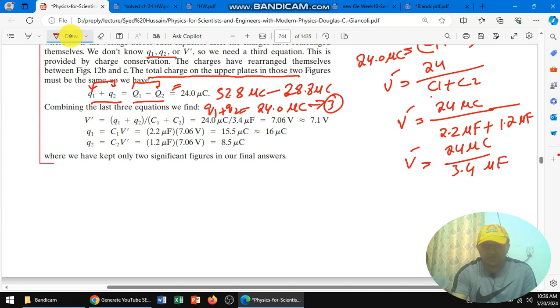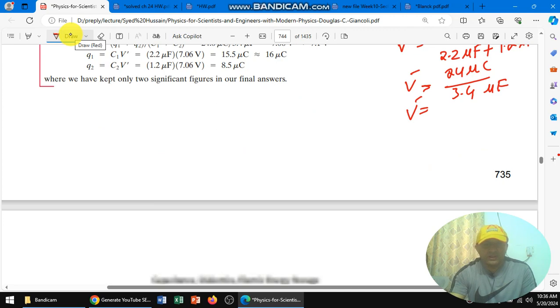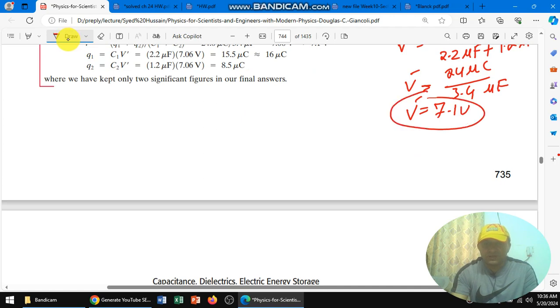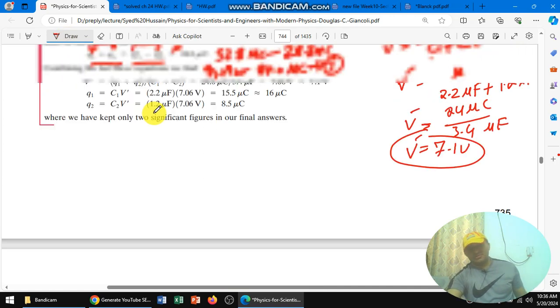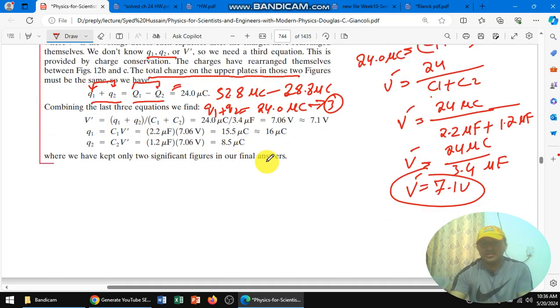Now we find the potential V dash, that is equal to 7.06, that is 7.1 volt. So the new potential is 7.1 volt, because when the charges move, the new potential is 7.1.